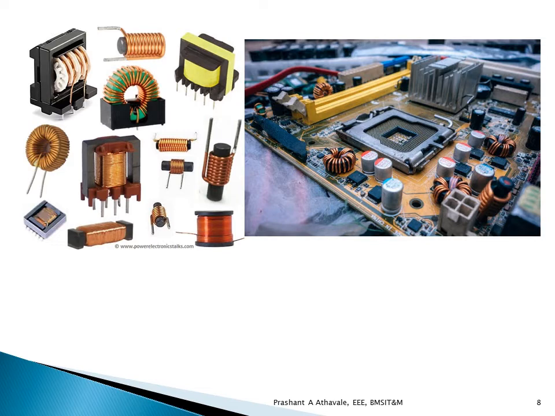One more circuit board is also given. There is a place for the processor and various other components over there. A heat sink is also visible. There is an inductor also here. So there are some of the places where you can see inductors being used.